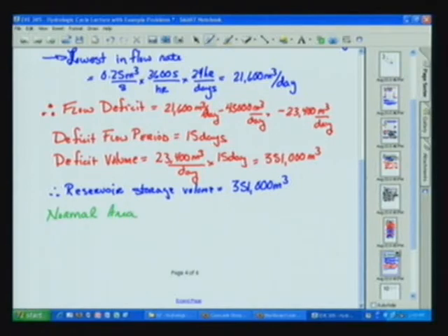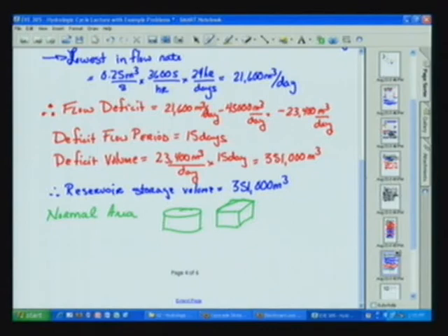because our pond or our reservoir is not going to be a perfect cylinder or a perfect cube, that kind of shape. We're not going to have a situation where the base area and the top area are the same.